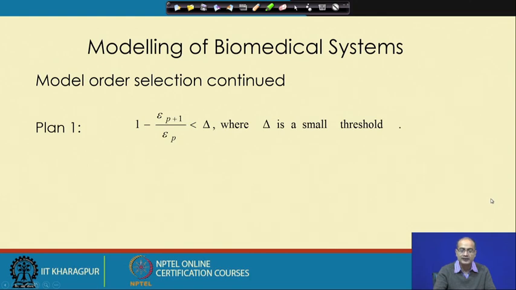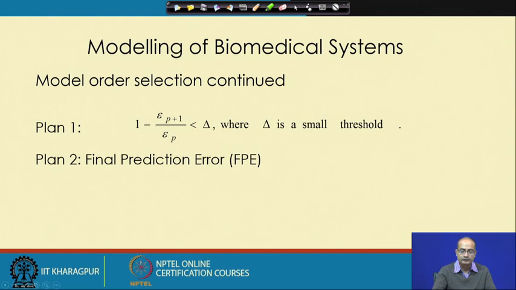So, we take the difference from 1. Now, when this ratio comes very close to 1, determined by a small threshold delta, when it comes closer than that, then we should stop. So, that is the first simple technique.